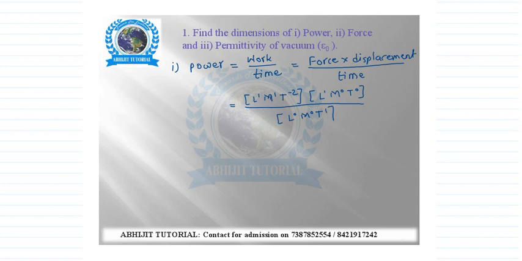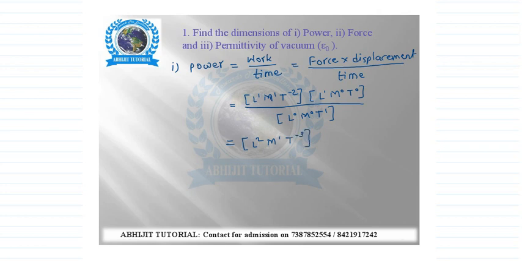If you solve this equation by the power rule, then we get the dimensions of power as L to the power 2, M to the power 1, and T to the power minus 3.